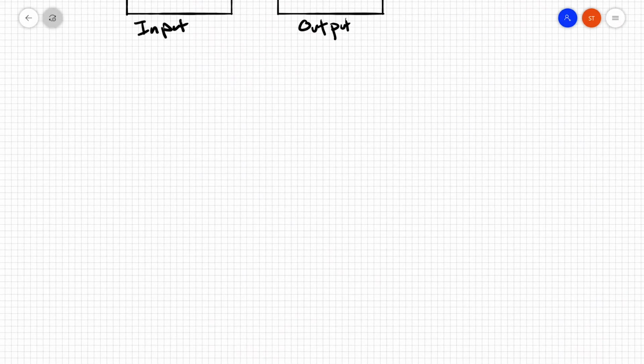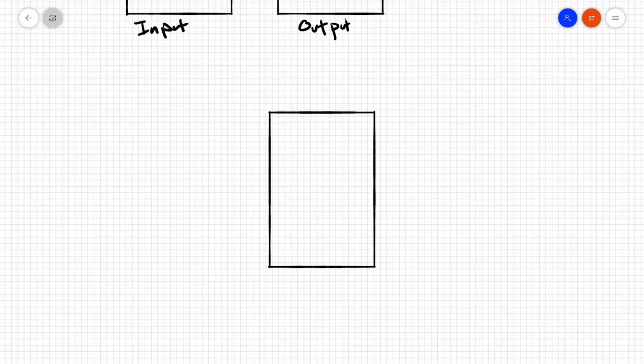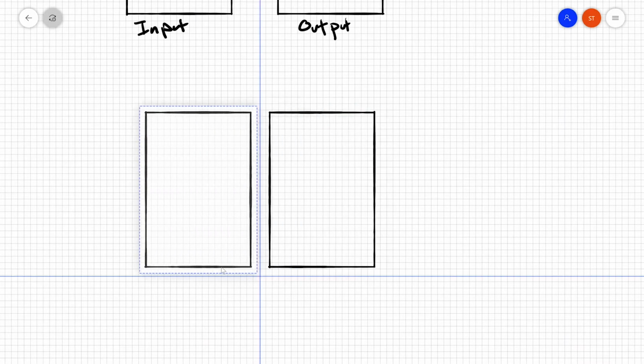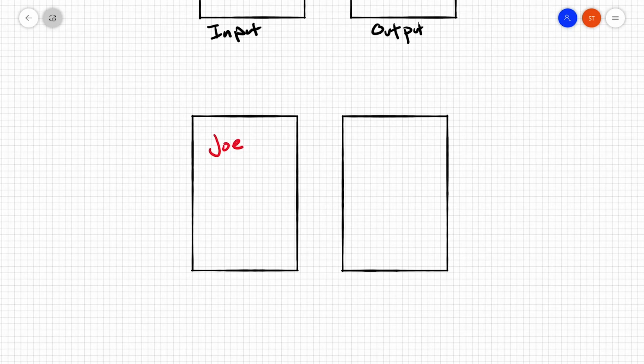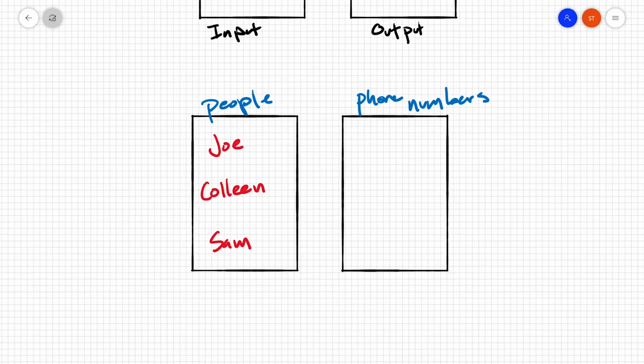So, for example, let's say that I had a list of people. The input set is a list of people, and the output set is some phone numbers. So Joe has a phone number, and I don't want to get too crazy here with phone numbers, but Joe has a phone number.